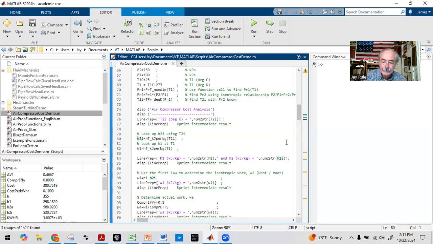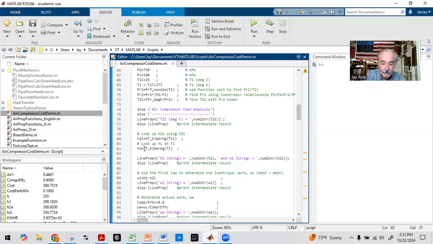Now we've got H2I. I did not look up H1 yet, so I will now look up H1. I'm going to use that function call HT, H given T, in kilojoules per kilogram, with the input of T1. So MATLAB variable H1 equals that function call with the input of T1.